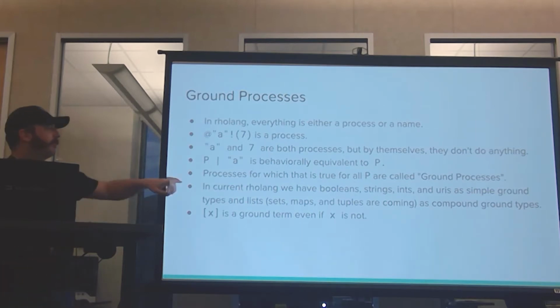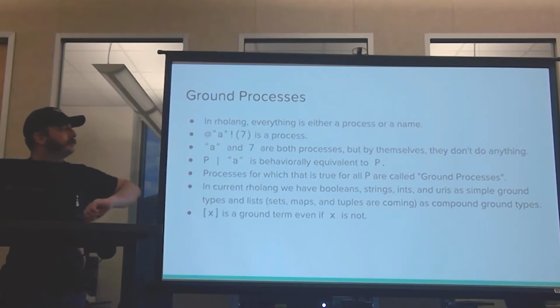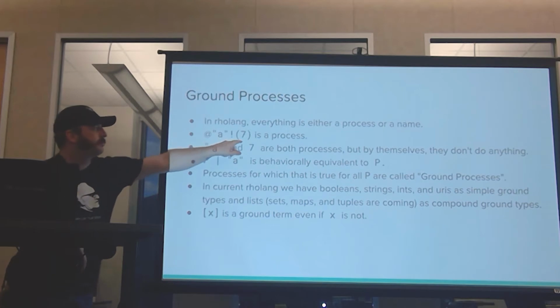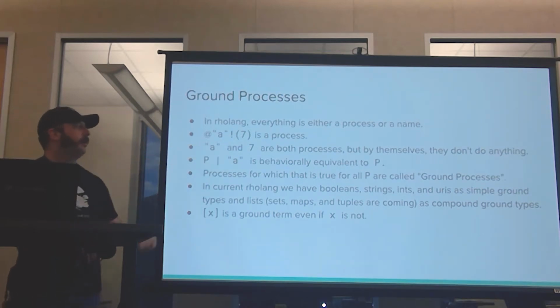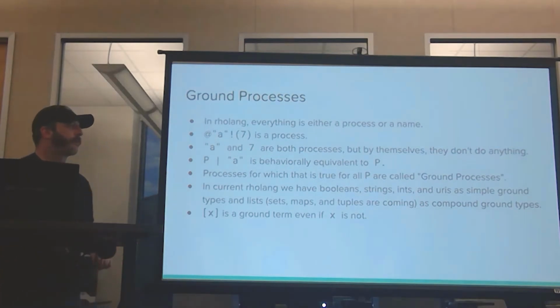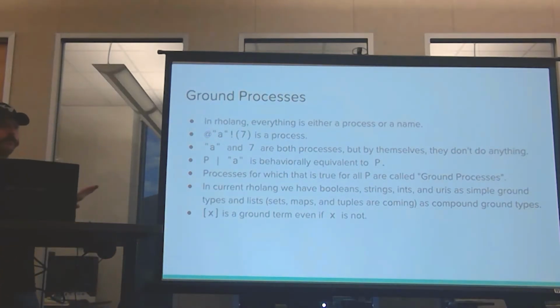You'll notice that we quoted the string A. So this send of 7 is a process, but so are the string A and the number 7. If you were to just try and evaluate them, they don't do anything.